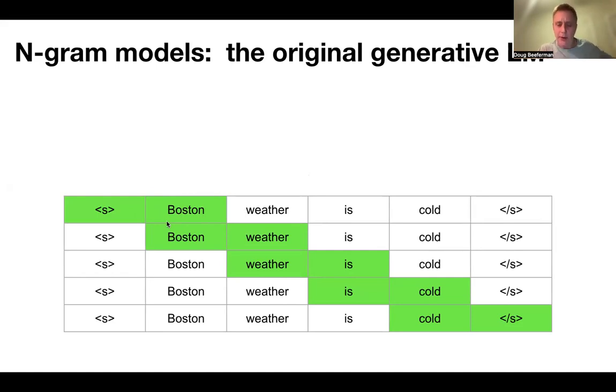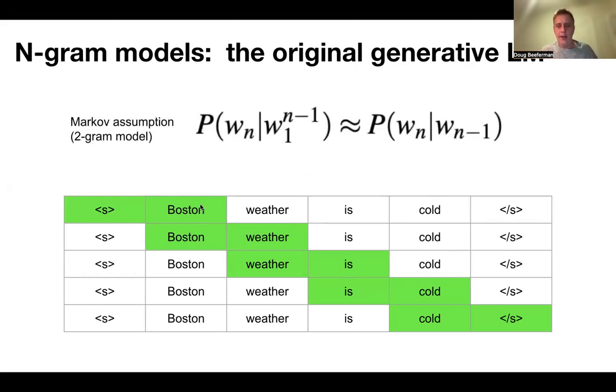So it's a generalization of the unigram model that we saw. This is based on what's called the Markov assumption. This is the 2-gram version of the Markov assumption, which says that the probability of the next word, given all of the words that we've seen before, can be approximated by the probability of the next word given just the preceding word. For a 3-gram model, it would be the same thing on the left, but on the right, we would say the probability of the next word given the preceding 2 words.